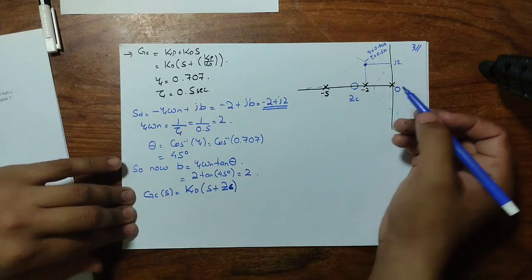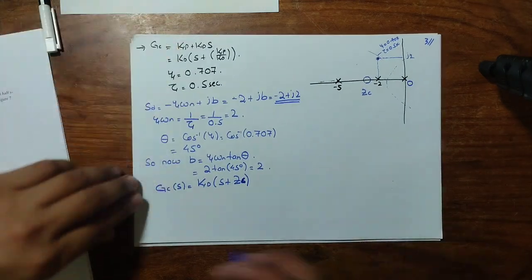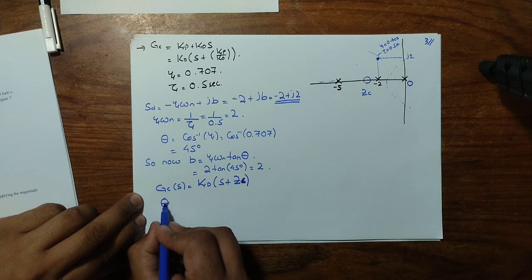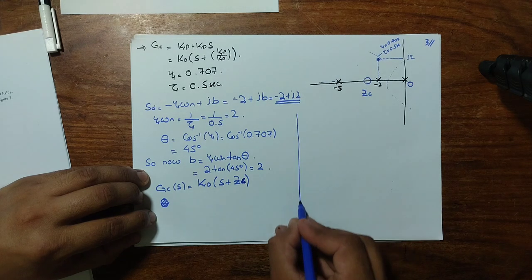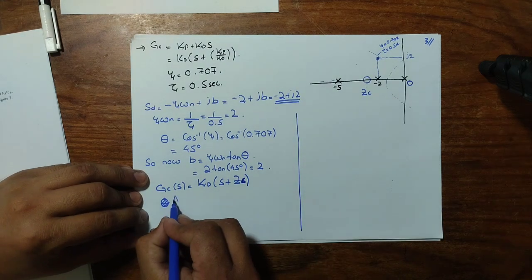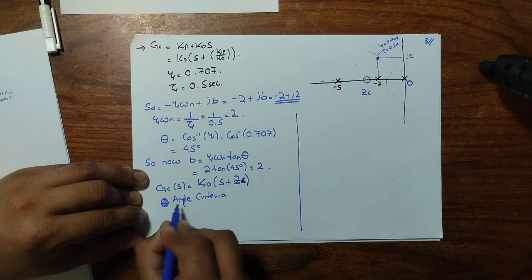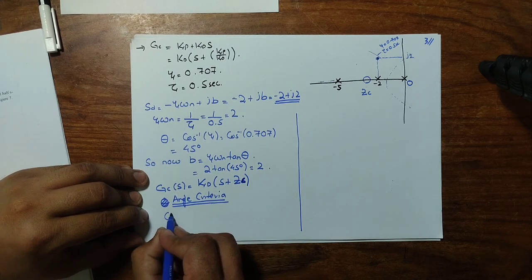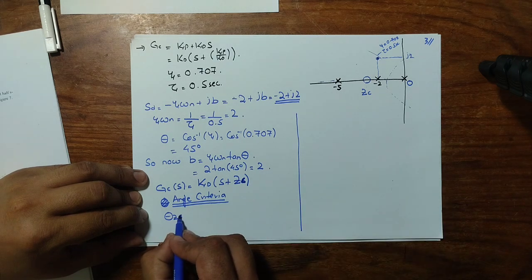So following the earlier methods of computation of the angle criteria, the angle criteria is about the angle contributions. Let me write it here. Let me draw a line here. So what the angle criteria tells us is that we have zeros, where we don't have any zero here.